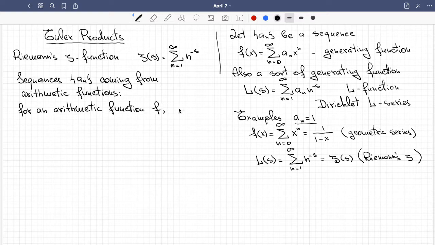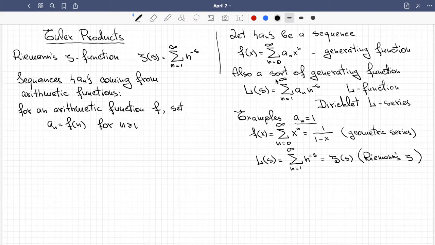Now we set a sub n to be f of n. So in this way, an arithmetic function f generates a sequence of numbers, the values of the arithmetic function for n bigger or equal than 1.